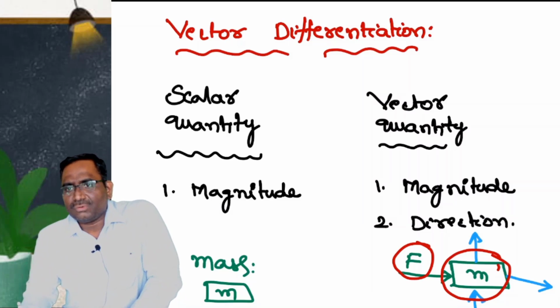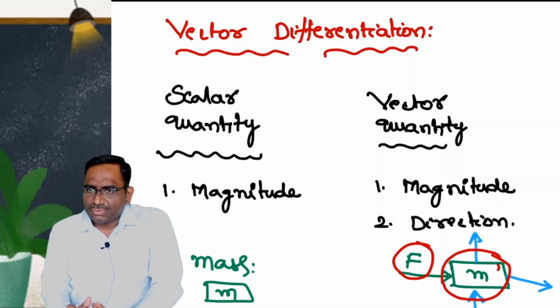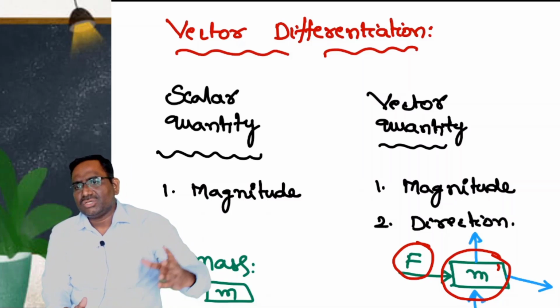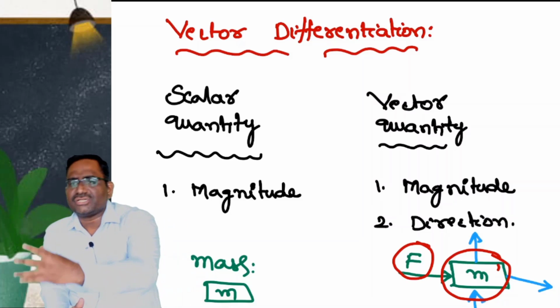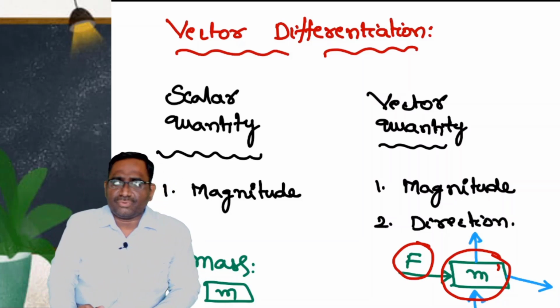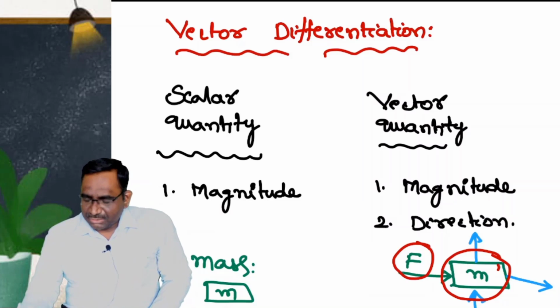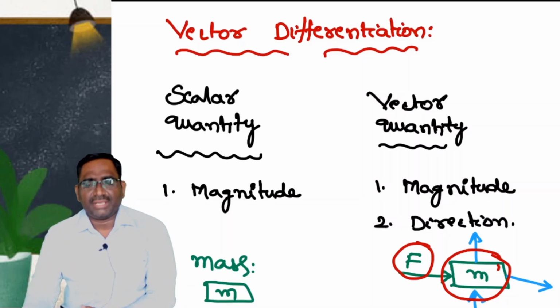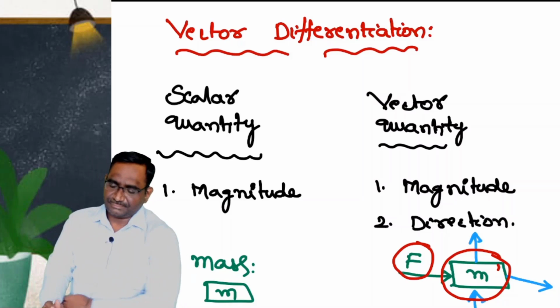A force applied on a mass, and the direction in which the mass moves, includes both magnitude and direction. This is called a vector quantity, right?